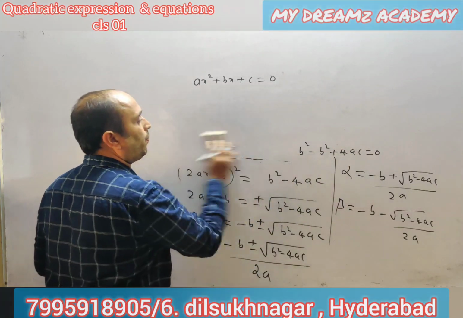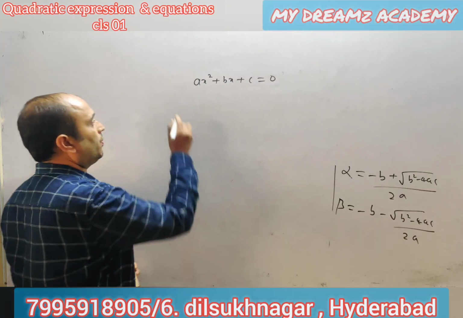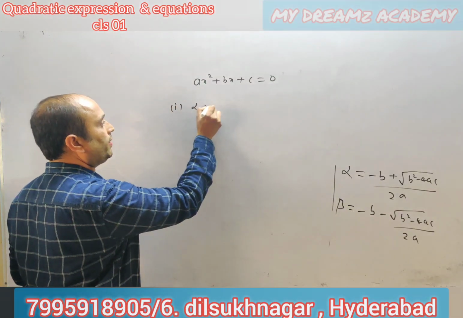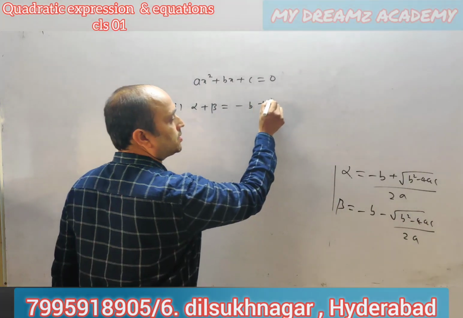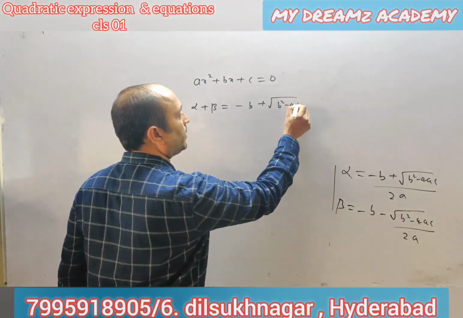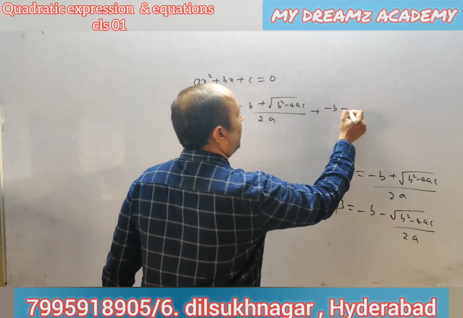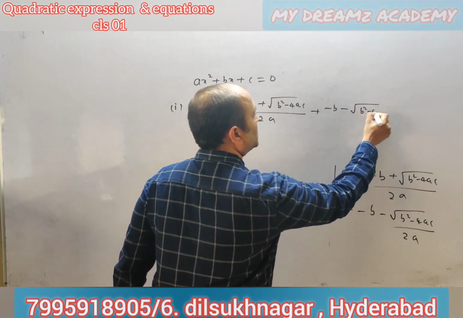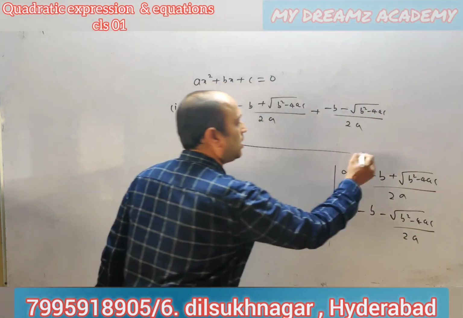Suppose alpha plus beta is the sum of the roots. Alpha plus beta is minus b plus under root of b square minus 4ac by 2a, plus minus b minus under root of b square minus 4ac by 2a. Now 2a is the LCM.